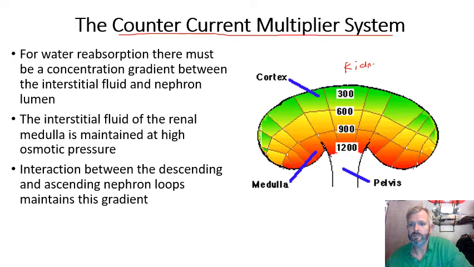Later on in the tubule, in the distal convoluted tubule, and more in the collecting ducts, we're going to be able to use this gradient to reabsorb water if we need to.